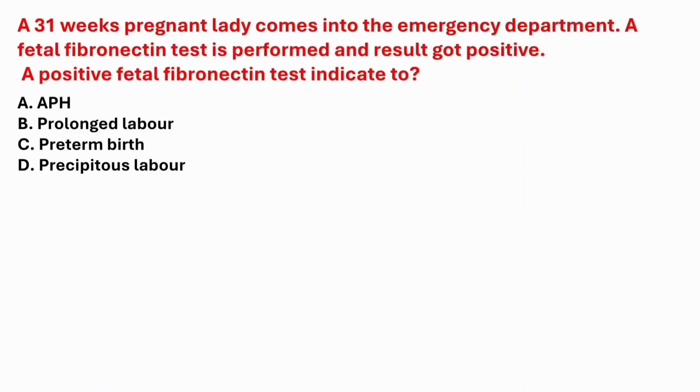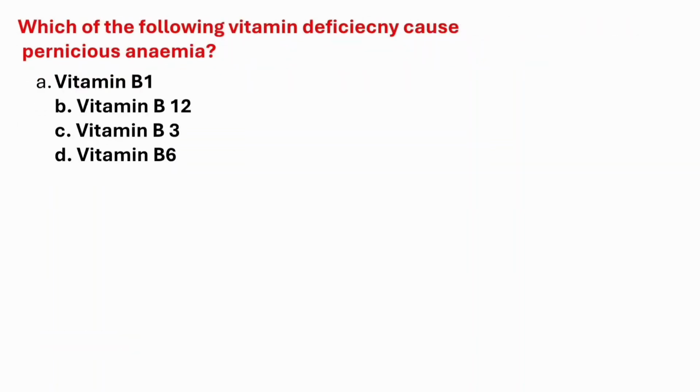D. Precipitous labor. The correct answer is C. Preterm birth. Which of the following vitamin deficiencies causes pernicious anemia? A. Vitamin B1. B. Vitamin B12. C. Vitamin B3. D. Vitamin B6. The correct answer is B.